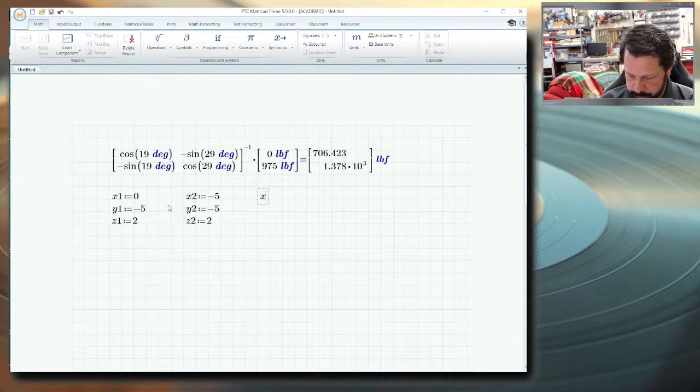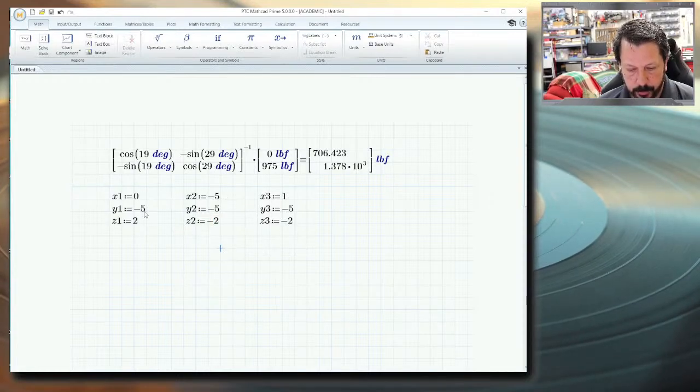Whoops, wrong thing. It had an x coordinate of +1, y3 of -5, and z3 ended up -2. And that z2 over here should also be negative. All right, those are our coordinates.